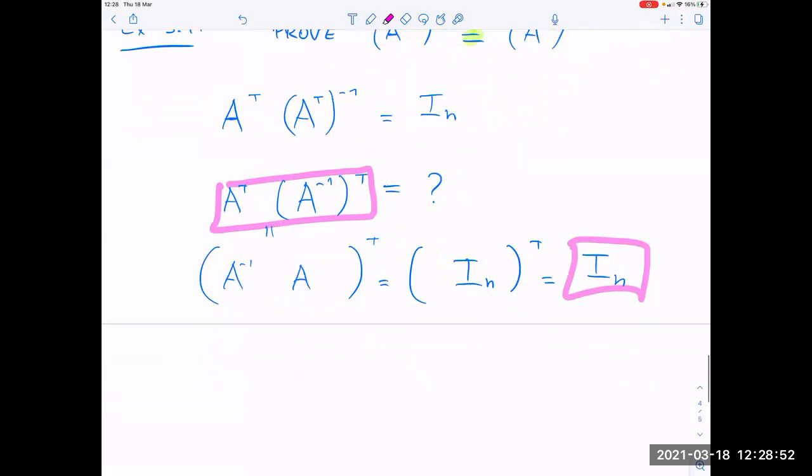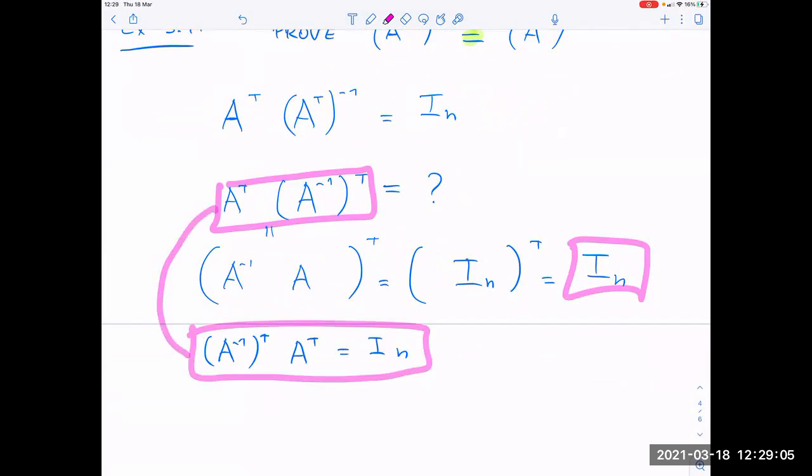And similarly, you can also prove that (A^-1)^T times A^T is equal to the identity too. It is the same approach. And so these two things together tell me that (A^-1)^T is the inverse of the transpose, because it multiplies the transpose on the left and right into the identity.